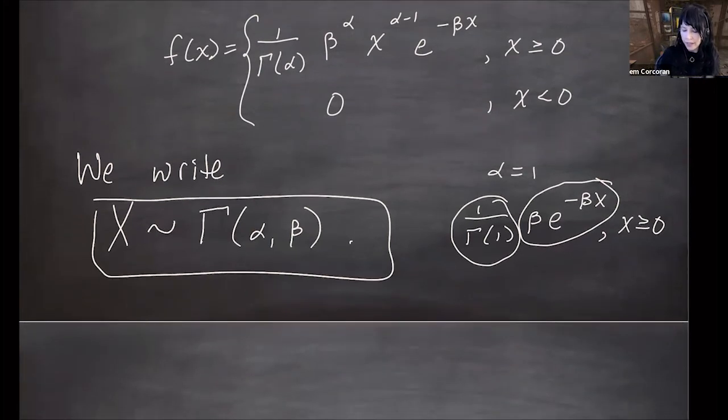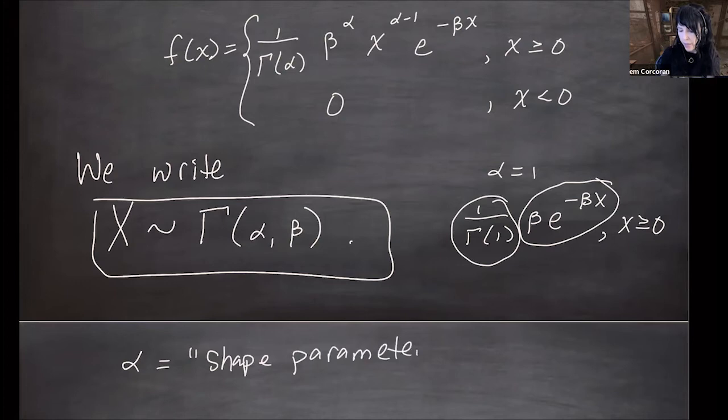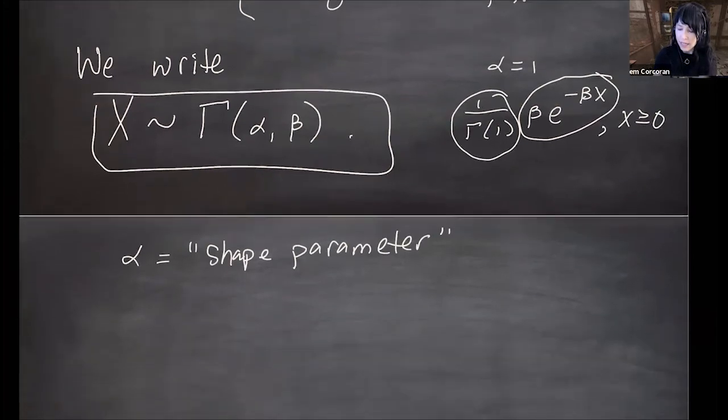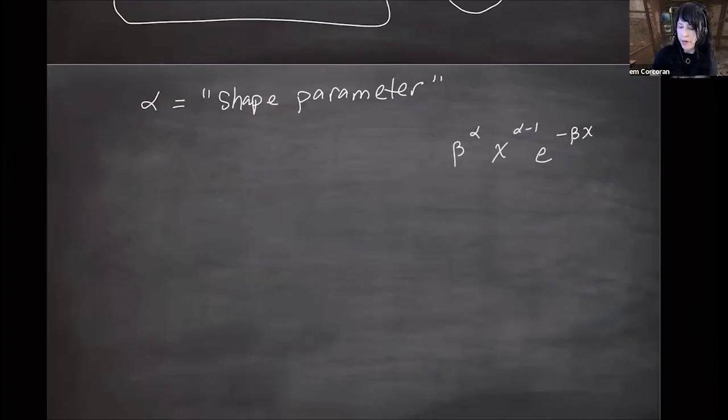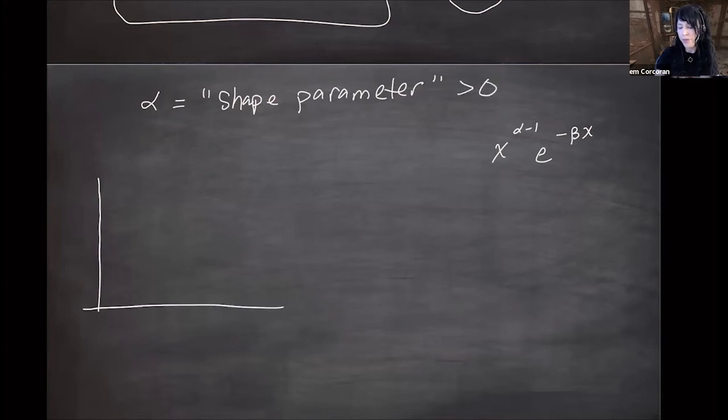the alpha is known as a shape parameter, because it really controls the shape of the distribution. By the way, I still haven't defined this, but it's just a constant. Not only is the gamma part just a constant, but this is a constant as well. So for the kinds of shapes we can get out of this, alpha did need to be greater than 0.